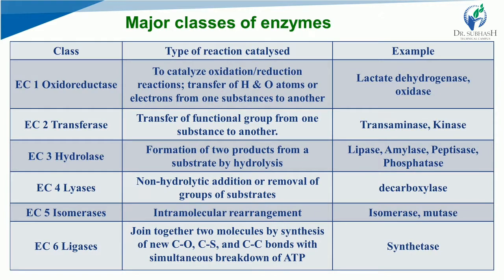If I want to make you understand, then there is one example, that is EC 2.7.1.1, which represents that EC, that is enzyme commission, class 2 belongs to transferase, as you can see here, right? In the second row it is transferase, right?